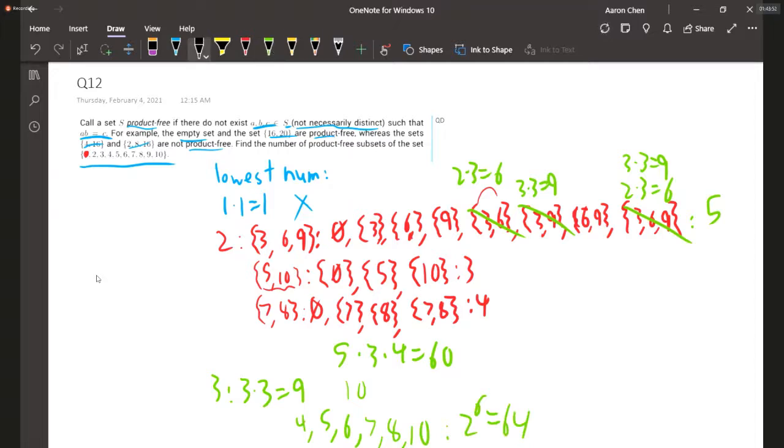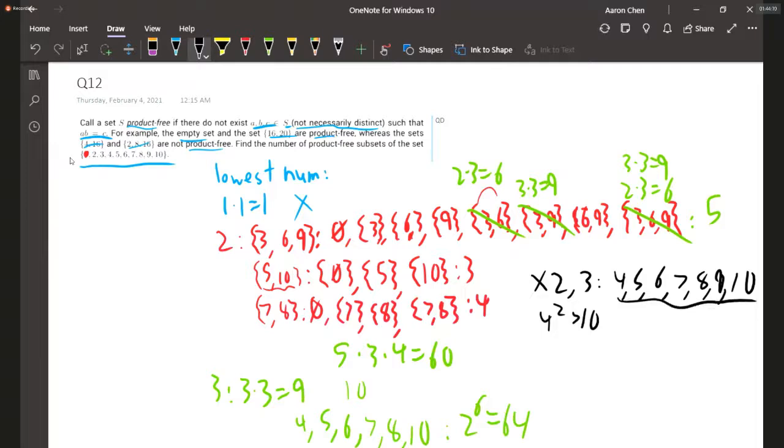And when the minimum number is not 2 or 3, then in this case, you're free to choose from 4, 5, 6, 7, 8, 9, and 10. This is because 4 squared is greater than 10, which means that none of these numbers will affect whether the others appear in the set or not.